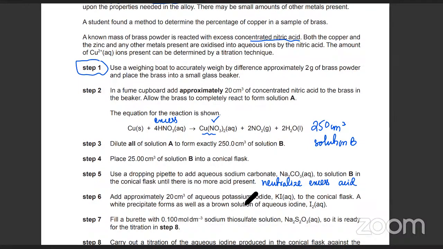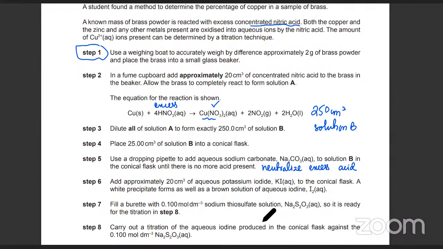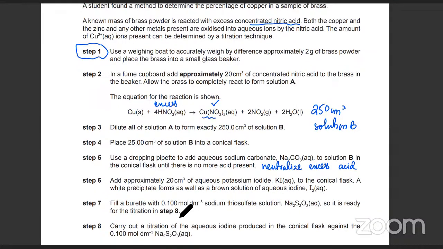Adds approximately 20 cm³ of potassium iodide into the conical flask. A white precipitate forms, as well as a brown solution of aqueous iodine. Fills the burette with 0.1 mol per dm³ sodium thiosulfate, Na2S2O3, so it is ready for titration.